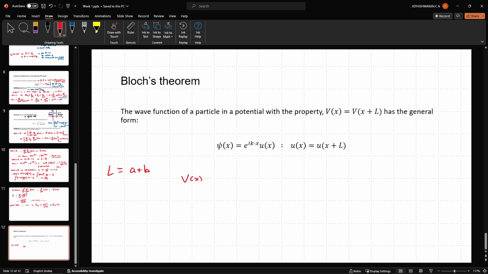V of x is V0 for 0 less than x less than or equal to A, and 0 for A less than or equal to x less than or equal to A plus B. And of course, V of x is equal to V of x plus n L.